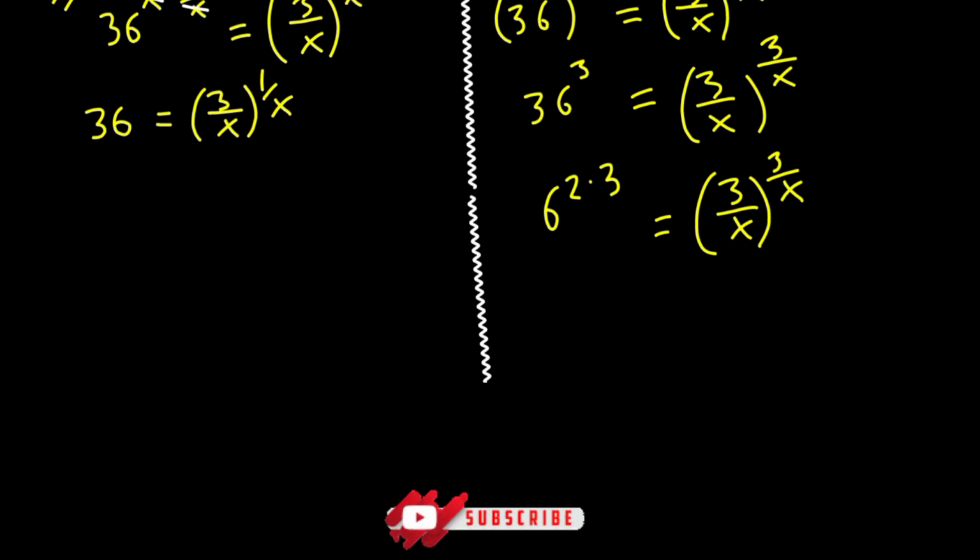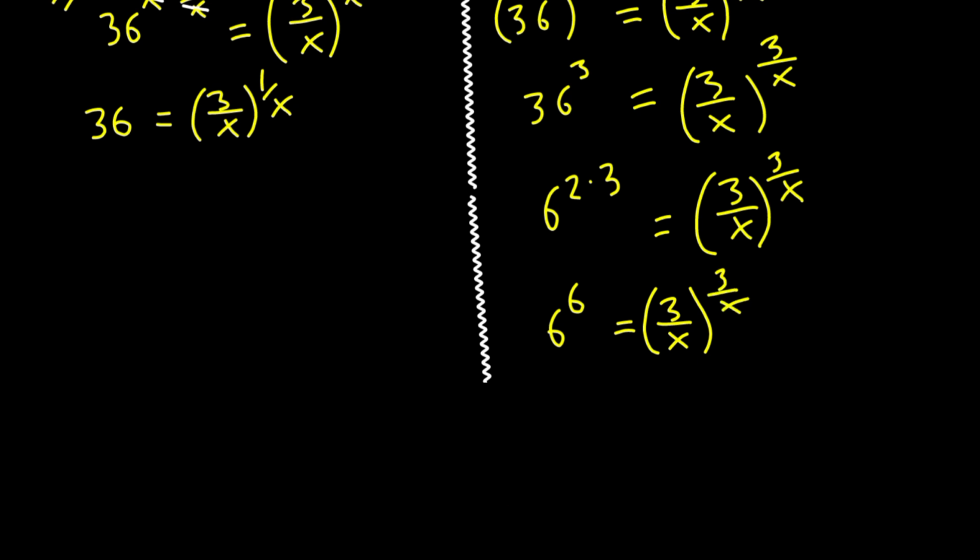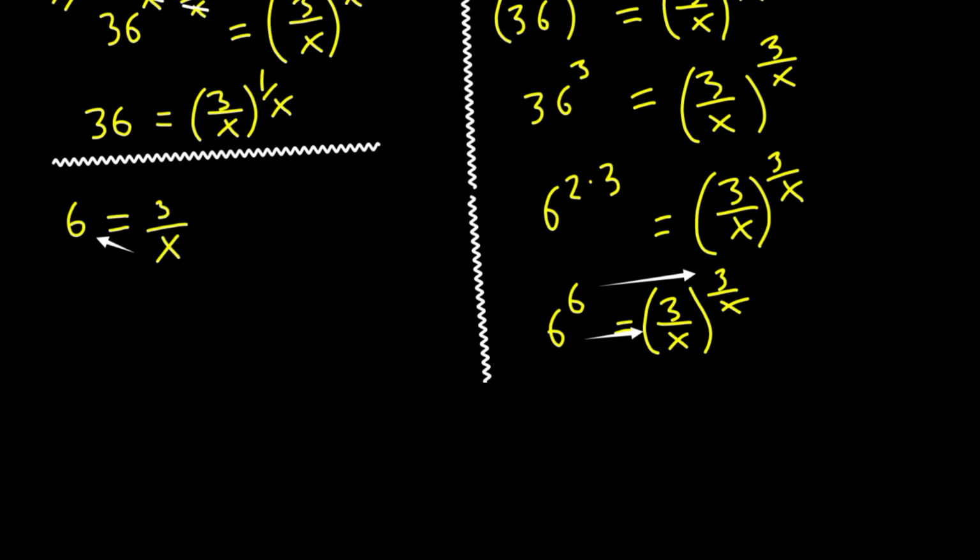And 2 times 3 gives us 6. Therefore, we have 6 to the power of 6 equals 3 over x to the power of 3 over x. Then easily we just compare, and we find that 6 equals 3 over x. By cross multiplication, we'll see that x equals 3 over 6, and therefore the final answer, x equals 1 over 2.